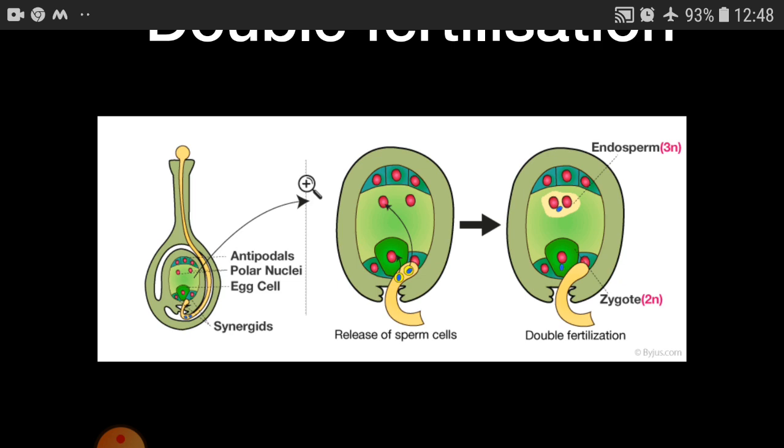So now what do you understand by fertilization? Up till now we have studied the male flower, we have studied the female part of the flower, then how the pollen grains get transferred to the stigma, that is pollination, and after pollination whether the female stigma accepts the pollen or rejects it.